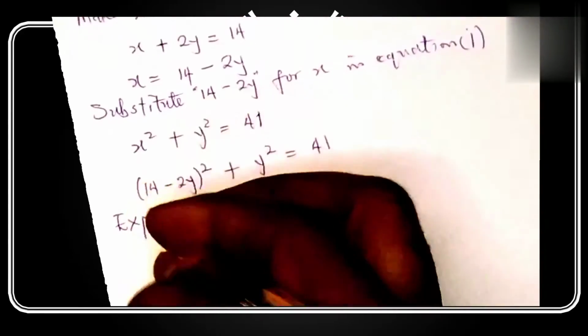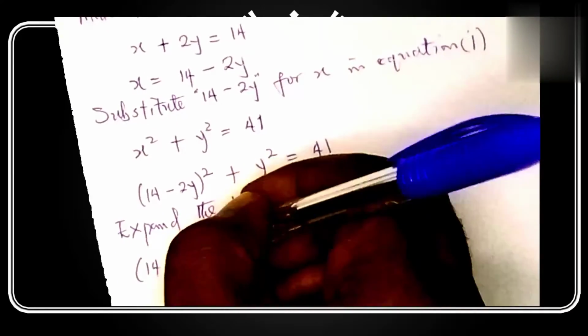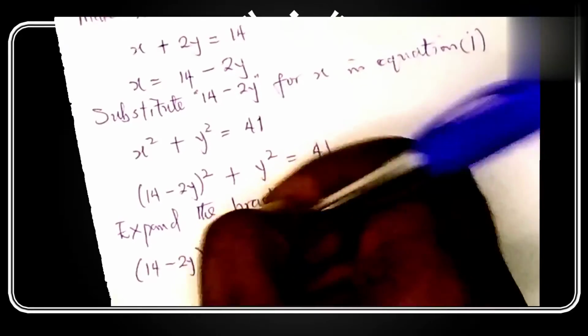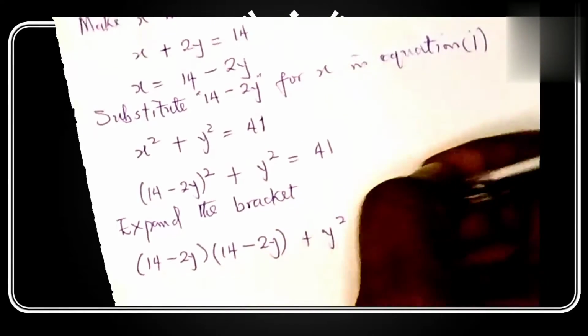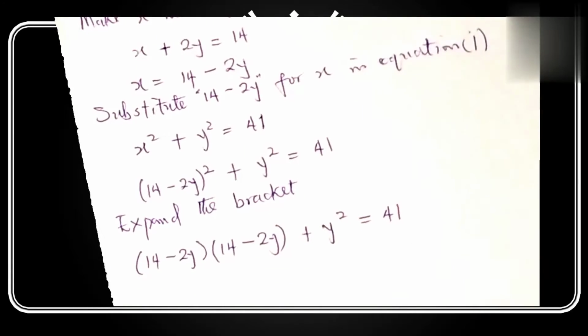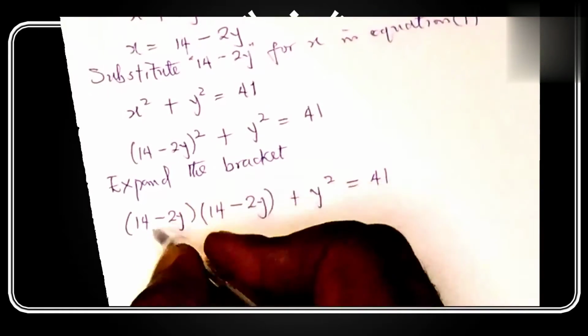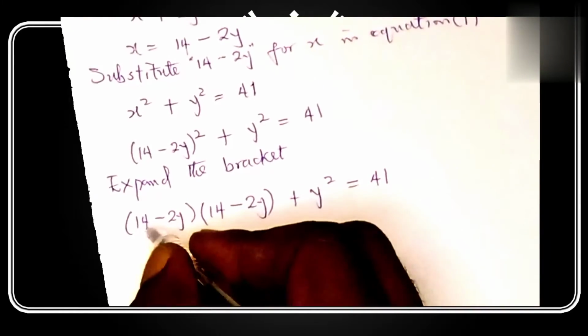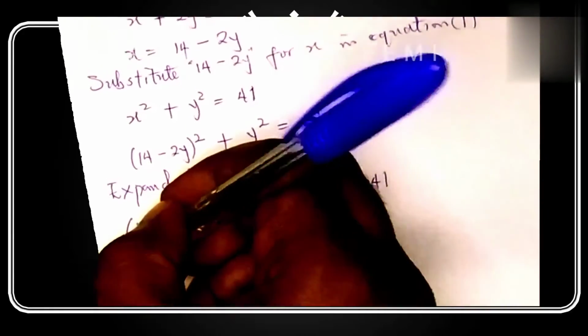Expanding the bracket, we'll have 14 minus 2y, another 14 minus 2y, then plus y squared equals 41. Now, expanding the bracket, we follow that 14 times 14 is 196.